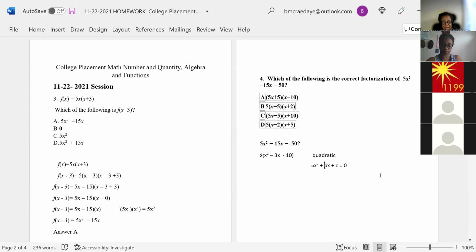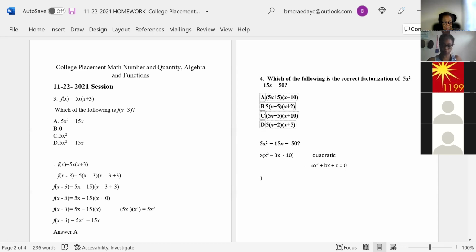The c. That's it. Very good. The c is always just a number. And here the c is the minus 10. The b is the coefficient, which is our minus 3. And our ax squared, once we factor it out, the 5 is just 1. Now, how do we factor x squared minus 3x minus 10?